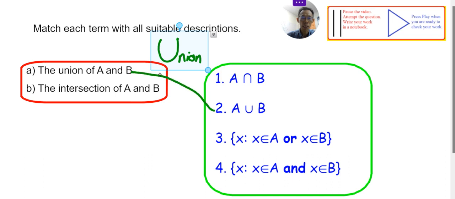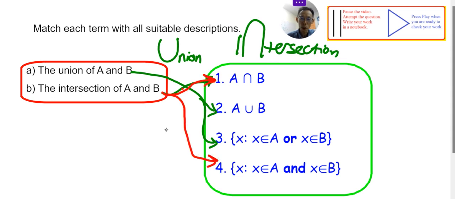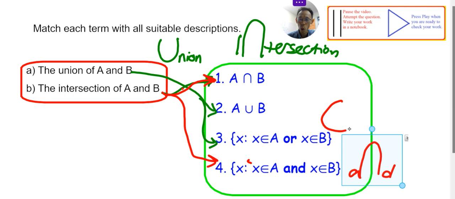Therefore, this is A union B. Intersection is how I remember it, with an N. Union means the elements must be in A or B. Intersection means they must be both in A and in B. So N goes with intersection, A and D, and union is like for all. This is how I remember it.